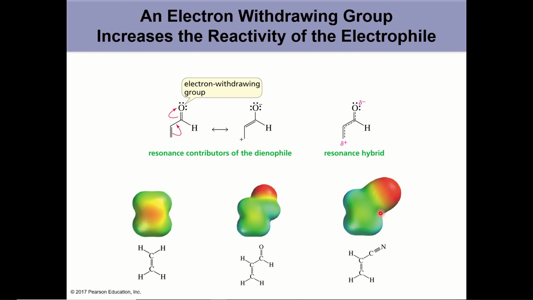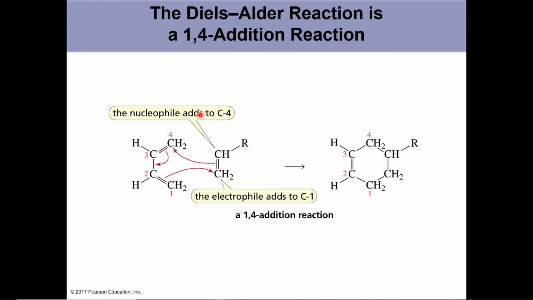We have to consider how groups are going to affect the addition. And if our dienophile contains an electron withdrawing group, then it will be a more reactive electrophile.